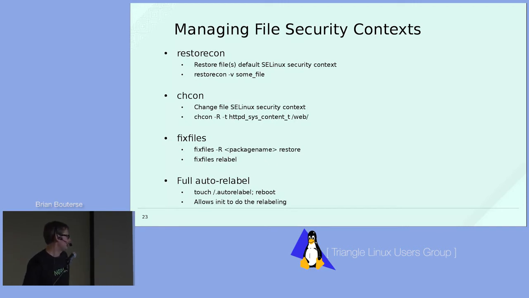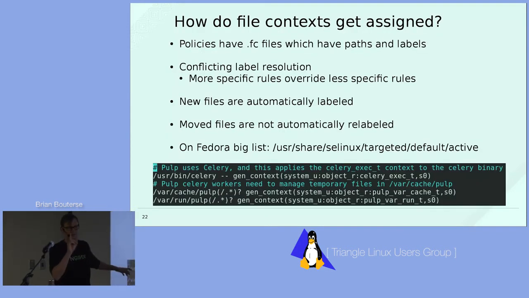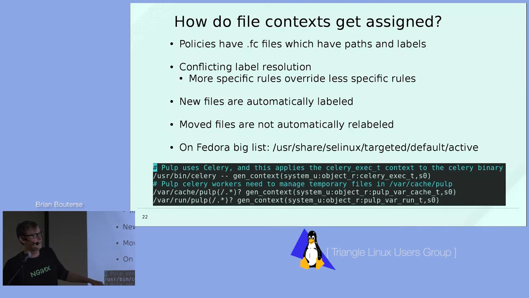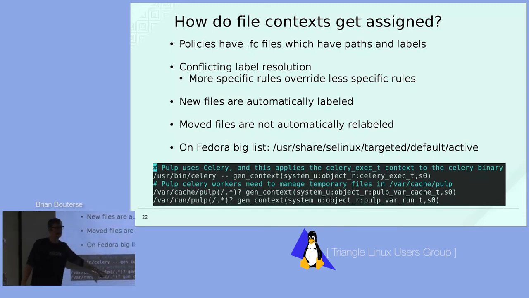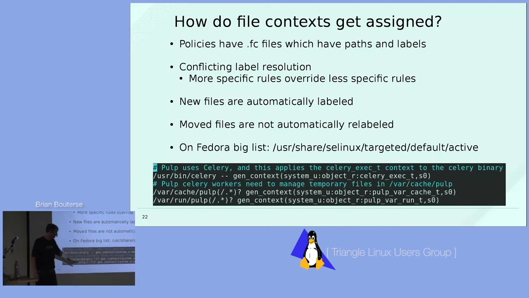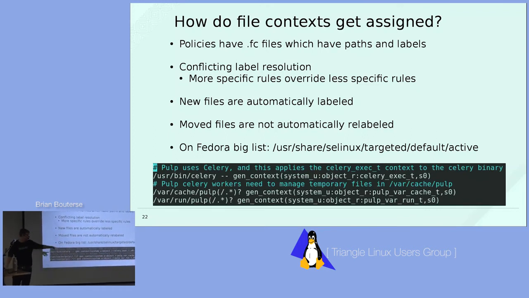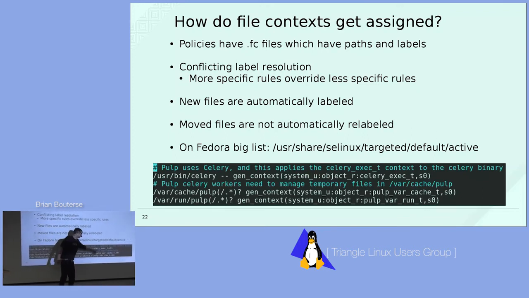And then fixfiles. Fixfiles lets you make sure, for a particular SELinux policy, that all the paths named with it get the right labels. This is one of the three Pulp policies, and these are the paths named with it: the celery one, var cache Pulp wildcard, and var run Pulp. They get labels like celery_exec_t, pulp_var_cache_t, and pulp_var_run_t.